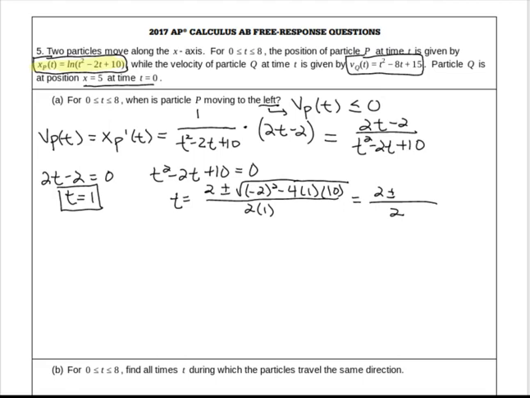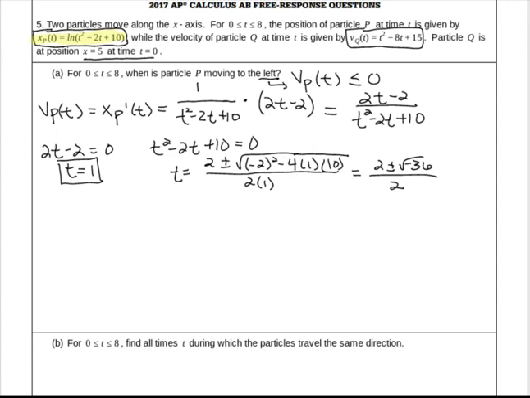Because we'd have 4 minus 40, so we're going to have negative 36. And so I'm not even going to keep going with that because that's going to give me imaginary answers there, which means I don't need to keep going because I'm not going to have any critical values then. So although I wanted the work there to show it to you, I'm going to just cross it off then because it's not going to matter. Okay. So now we have our critical point here.